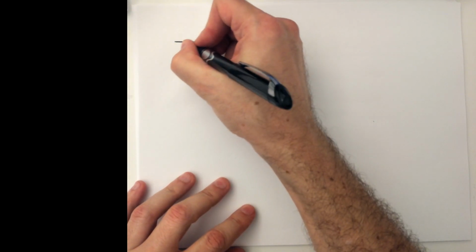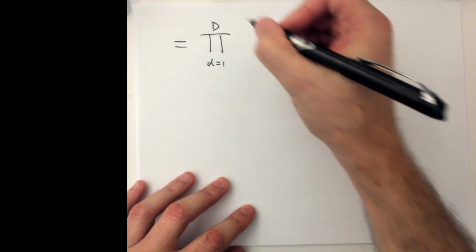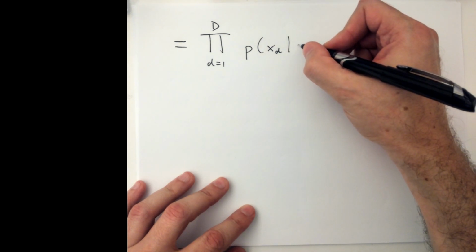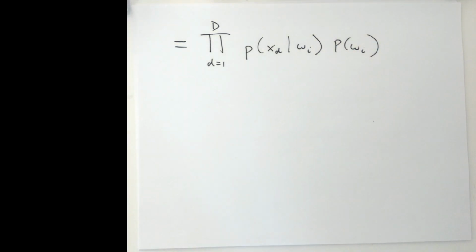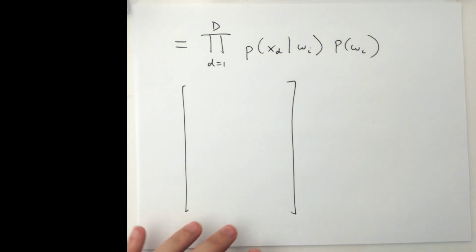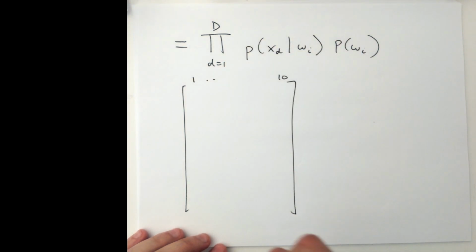So let me write this here, just simplifying this more. This is like saying I have a product over the d-dimensional features of these, the dth dimension given this class, times this probability, right? And so, the easiest thing to do would be to say, okay, I'm just going to take my training data, and so, let's suppose I have a big matrix of training data where I have dimension 1 through dimension 10, right?